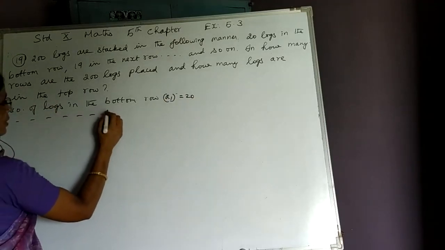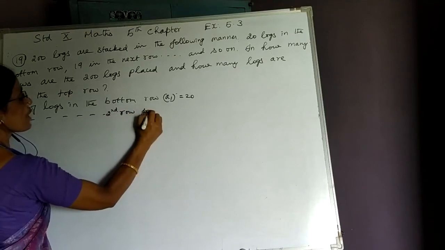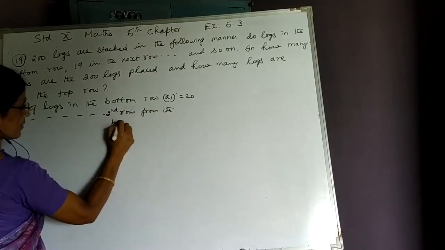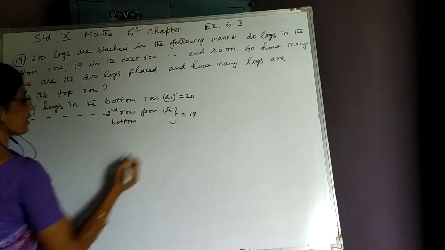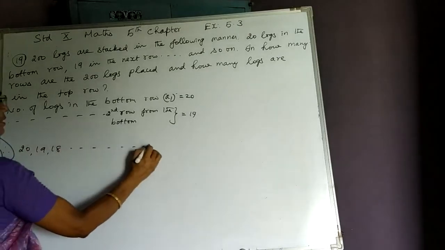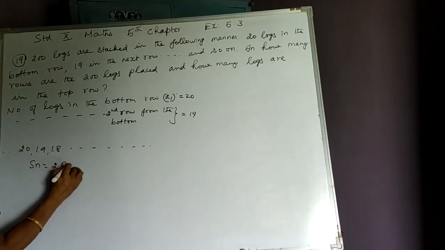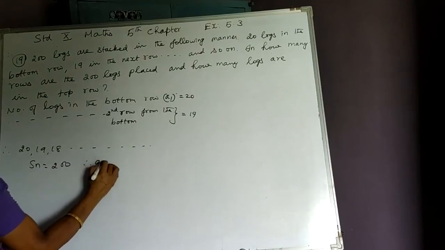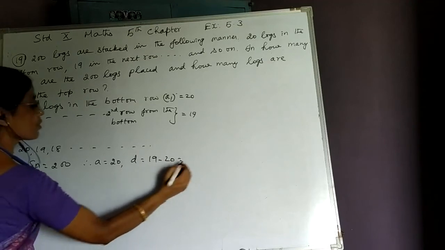Number of logs in the second row from the bottom, very important, is equal to 19. Therefore, we get the numbers as 20, 19, 18, and so on. So what is this 200 given? Sn is equal to 200. Therefore, we have a is 20, d is 19 minus 20, which is equal to minus 1.